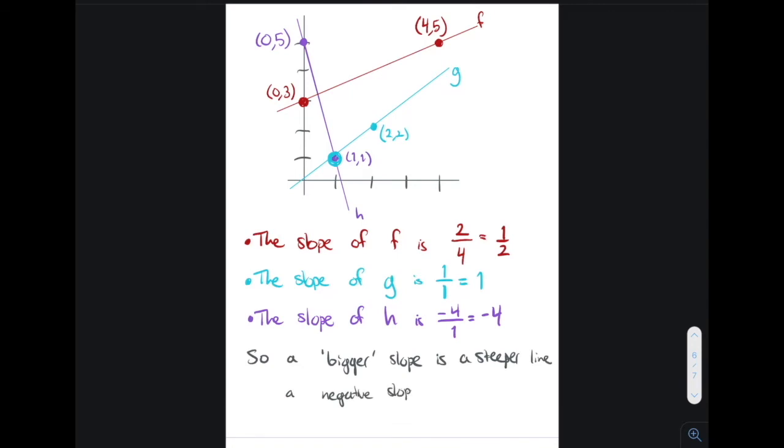And a negative slope is a line that goes down when reading from left to right. Now f and g are going up, and sure enough they have a positive slope, whereas h goes down and has a negative slope.